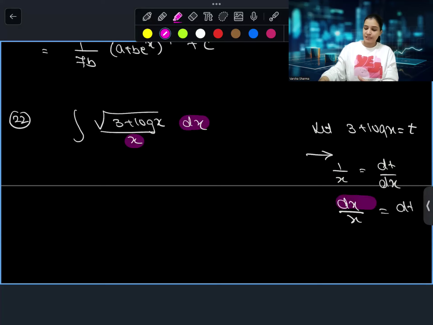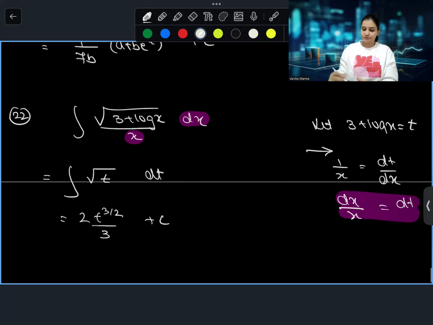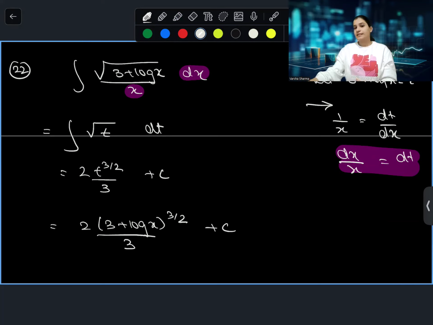So these two terms become dt, and this is under root t. So t^(3/2) by 3/2. So twice (3 plus log x) whole power 3 by 2 by 3 plus c. Does it match? Yes, ma'am.